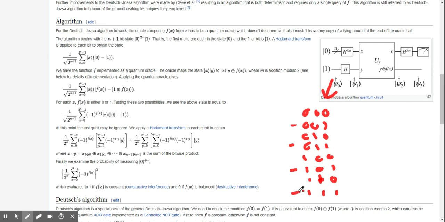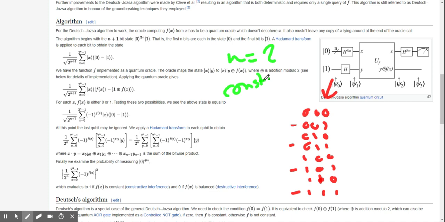And now let's say that the function is constant, so it outputs a 0 all the time. Okay, so remember n is 2, constant function. Good.